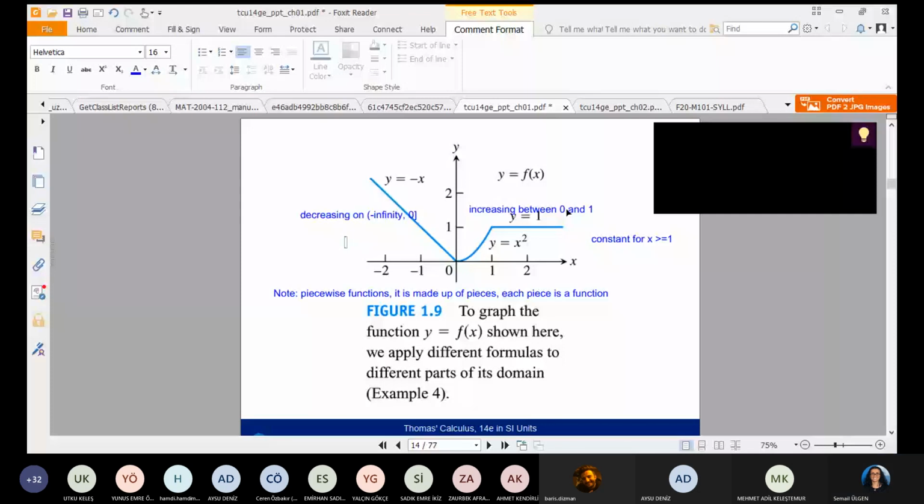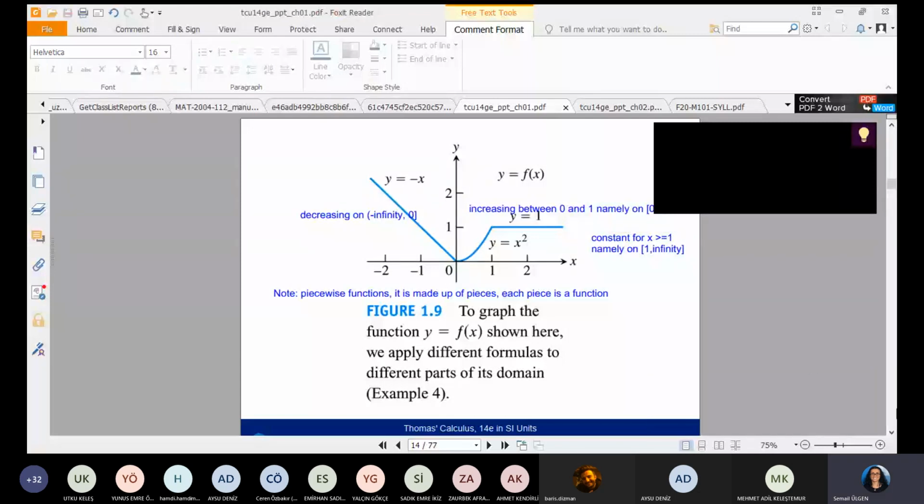Similarly, I can add here, namely, constant on 1 to infinity, positive infinity, and this is negative infinity. I can say all these.